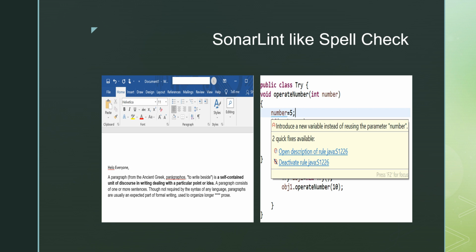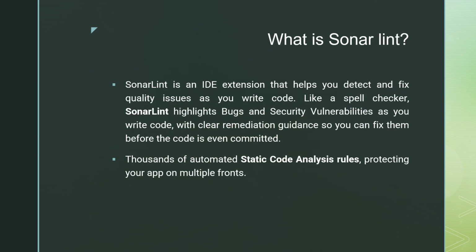So if you have put a username and password in text form in your program, SonarLint is going to detect that as well, and it will tell you that it is a security risk because you have written the password and username in the form of text within your program. Better you provide some kind of encoding for the password or username. So in this way SonarLint is going to detect those security risks as well.